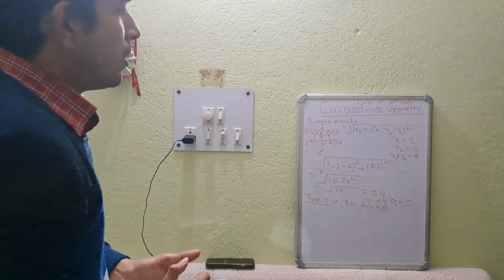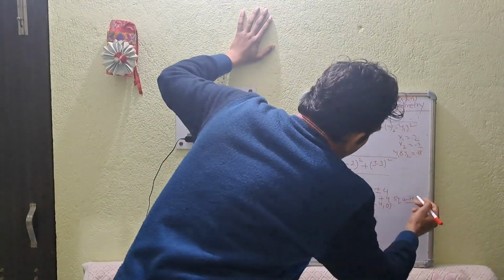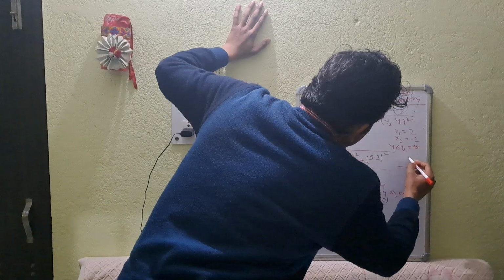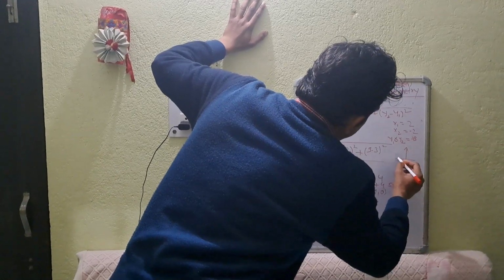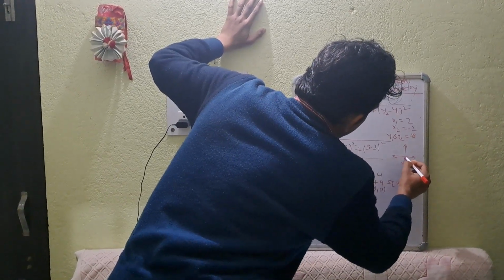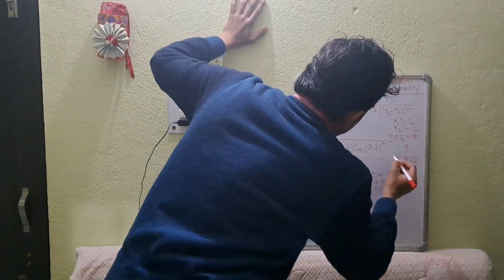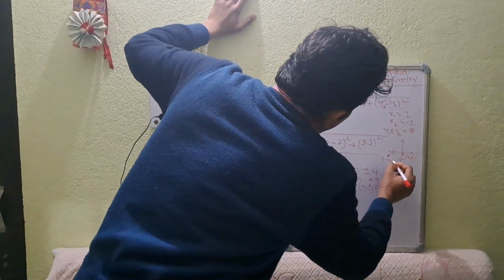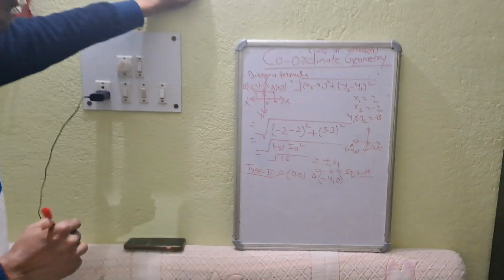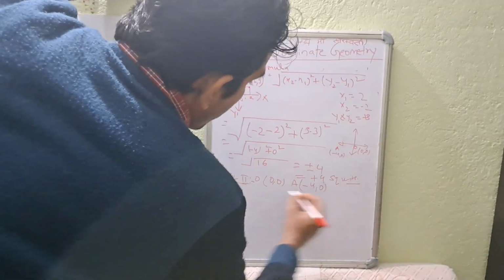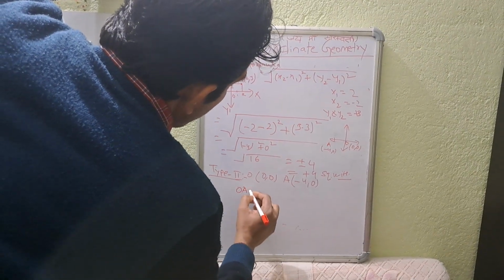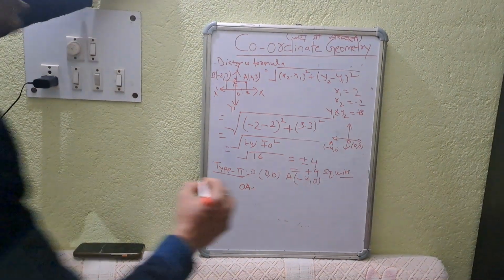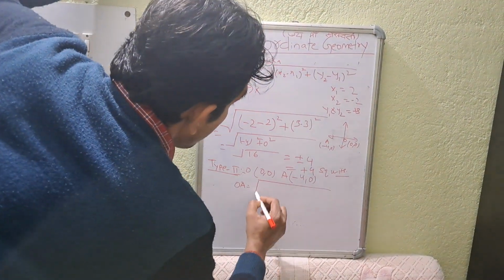In this case, after drawing the schematic diagram, we will be finding the distance between these 2 points. Suppose this is the origin whose coordinates are (0, 0) and A is (minus 4, 0). So we have to calculate the distance OA. Again, we will be applying the same distance and section formula.